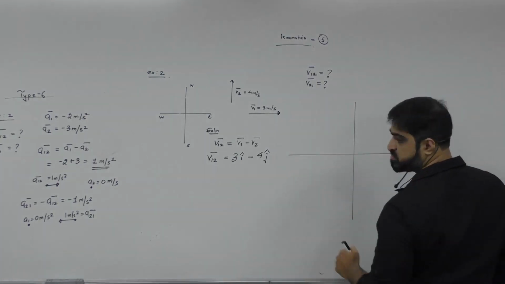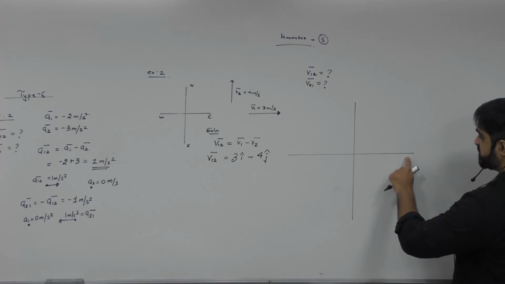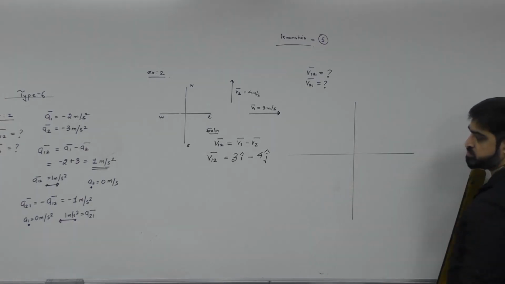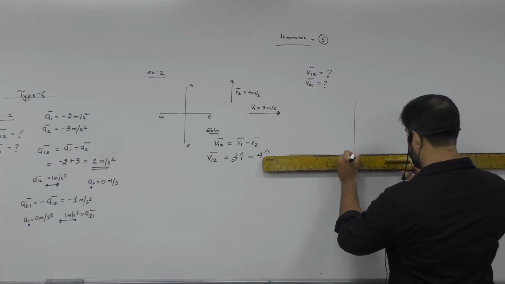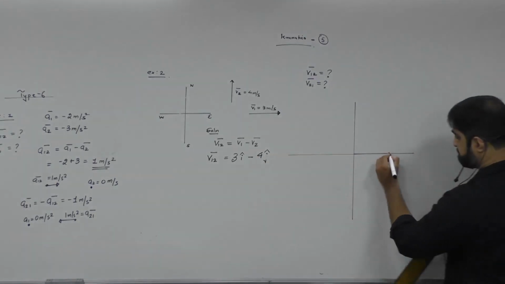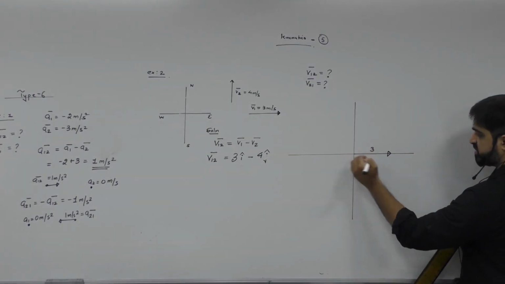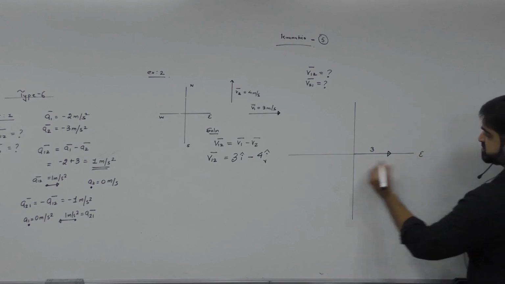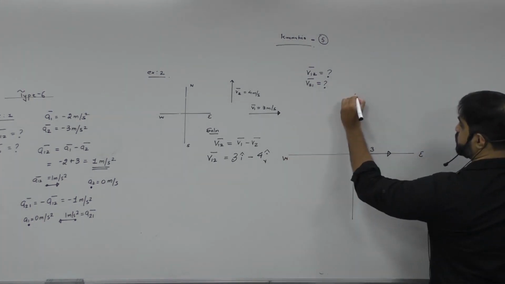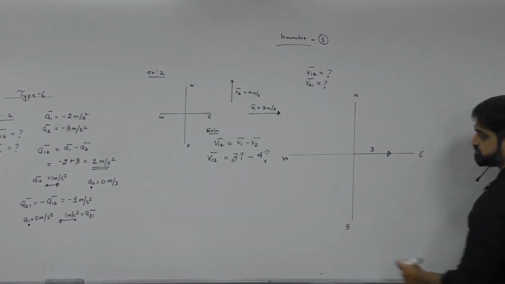How it is. This is the thing. East, west, north, south, same thing. 3 I cap, if I want to draw, this is 3 I cap. Correct?